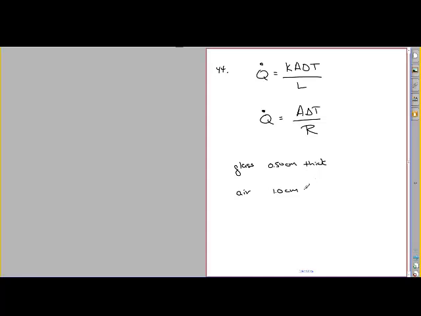And then we have another pane of glass, 0.50 centimeters thick again. And the R value is based on a certain thickness, and if you have half the thickness, then you have half the R value.